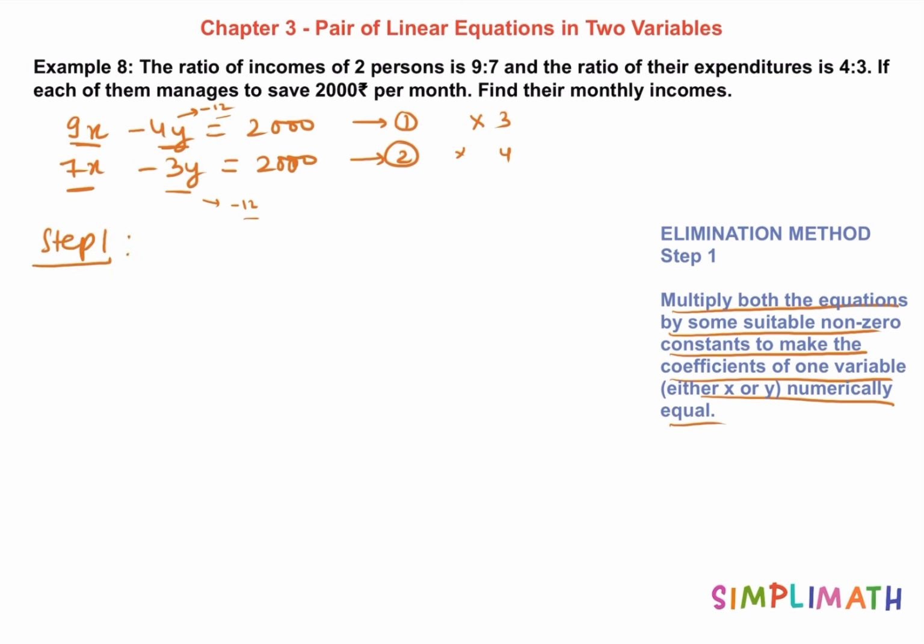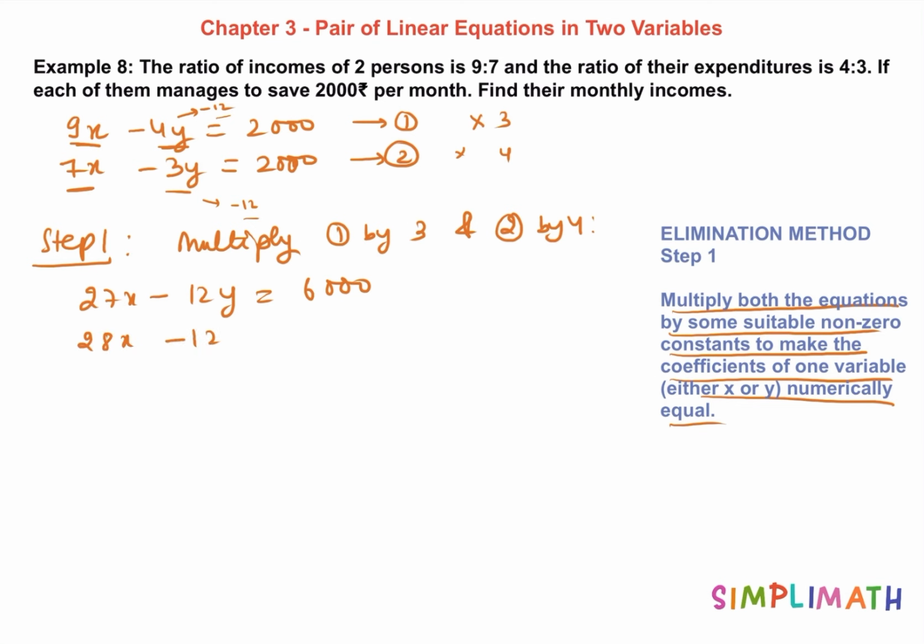We multiply equation 1 by 3 and equation 2 by 4, right? So we have 27x minus 12y equals to 6000, and equation 2 can be written as 28x minus 12y equals to 8,000.